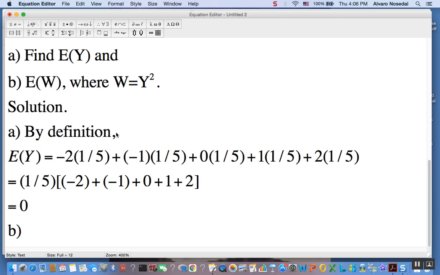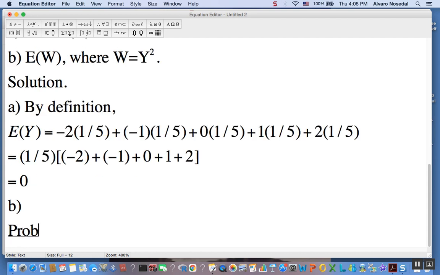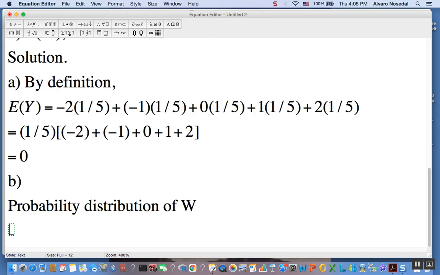Let's find the probability distribution of W. Let me use lowercase w to refer to the possible values of the random variable W. We use uppercase to refer to the random variable, and lowercase to refer to possible values.